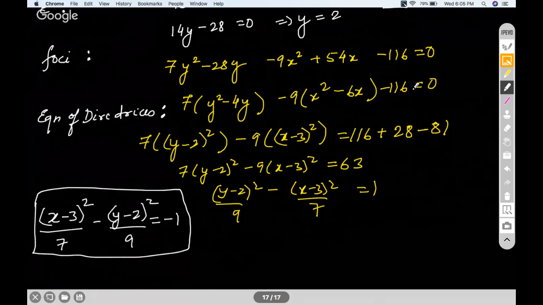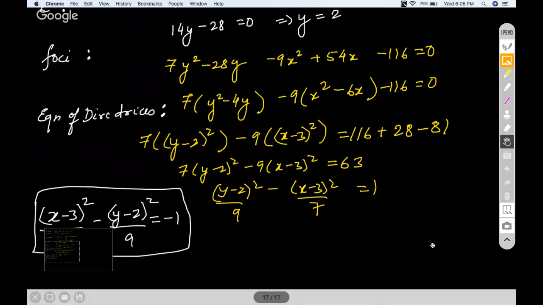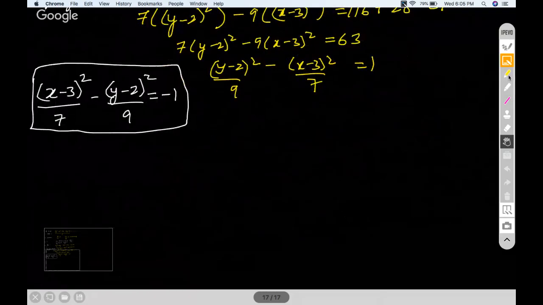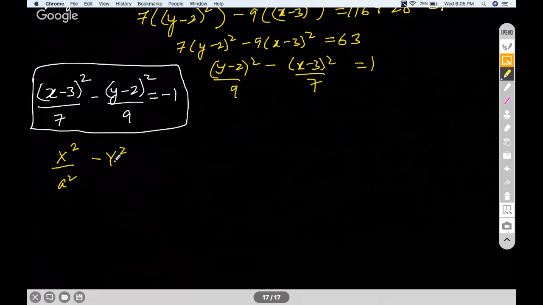Now, if you want to get the center, please note that the center of the hyperbola, let's try to do a role change over here. Let's compare this equation with x square by a square minus y square by b square equal to minus 1.